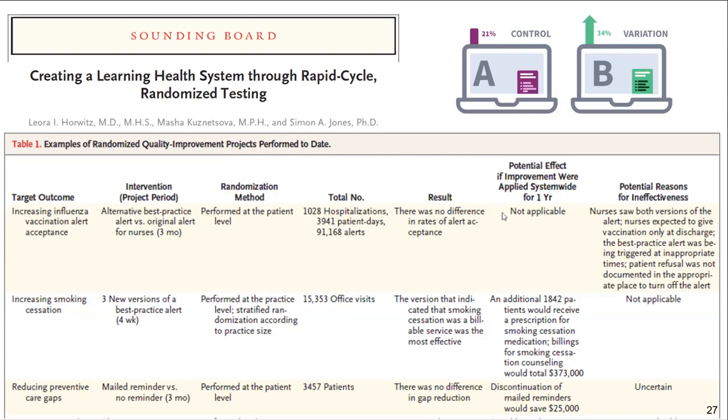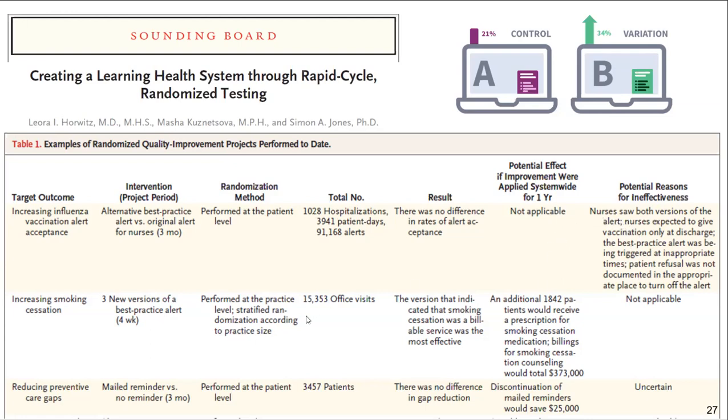And this paper Leora did was basically that same idea. We want people to improve their influenza vaccination rates, so let's test something where the nurses get different styles of prompts about reminders. Unfortunately, I think for the first one they didn't randomize nurses, they randomized patients, and so nurses were exposed to both interventions.